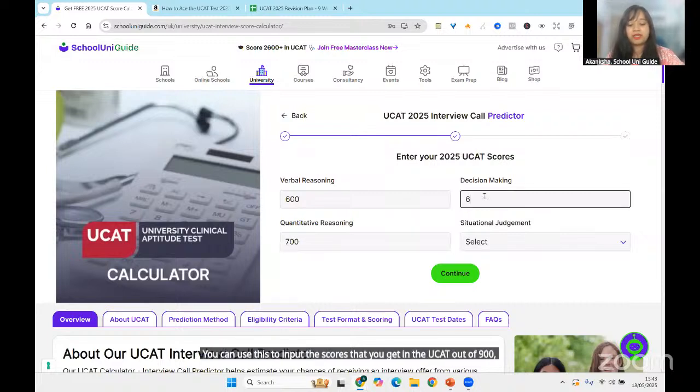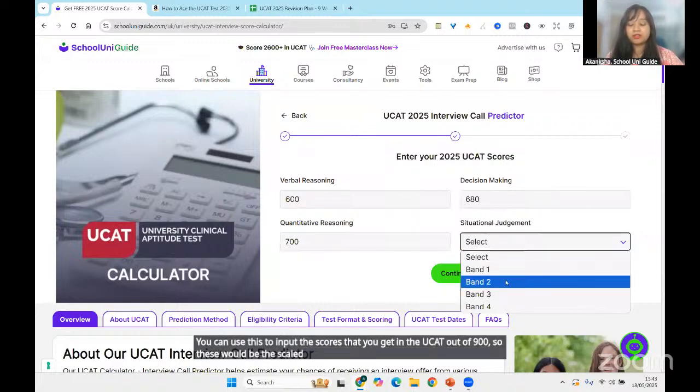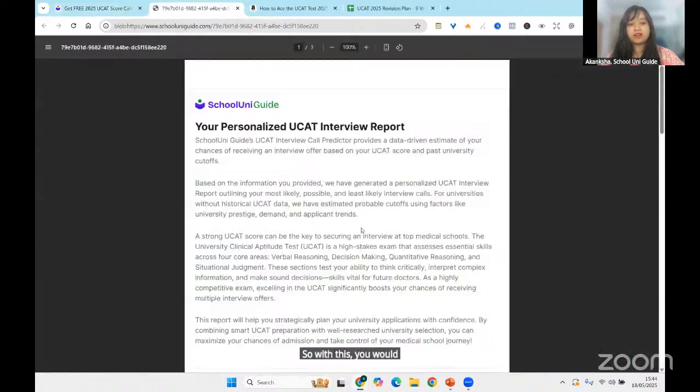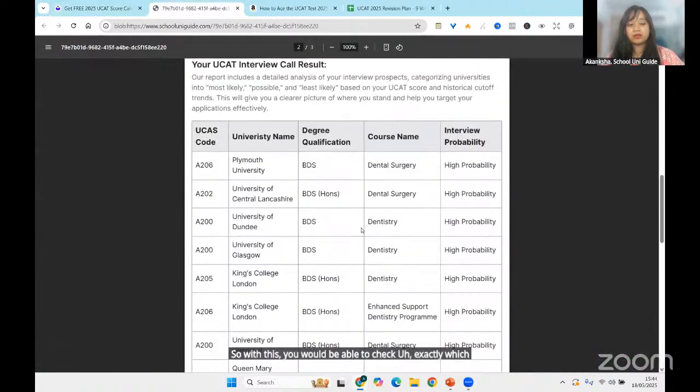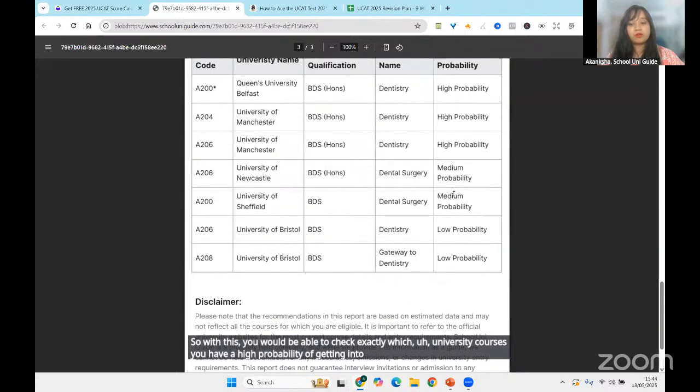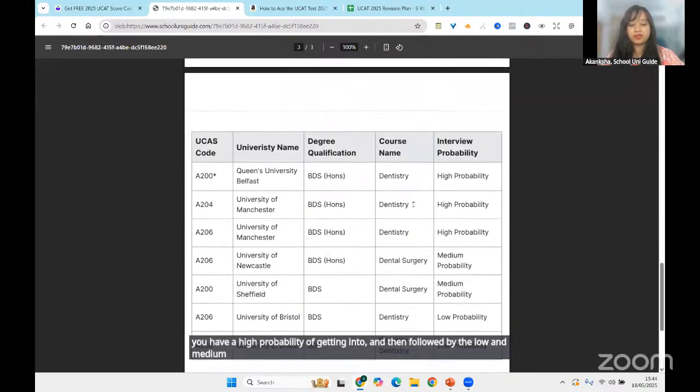So these would be the scaled scores that you have gotten and the situational judgment band that you have qualified for. With this, you would be able to check exactly which university courses you have a high probability of getting into, followed by the low and medium probability courses as well.